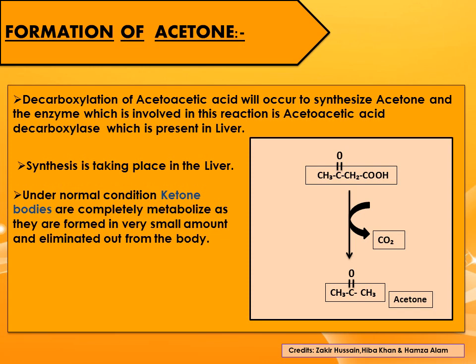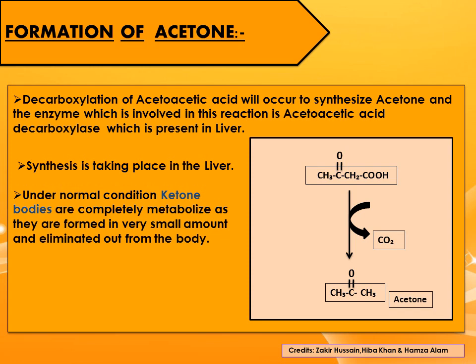Beta hydroxybutyric acid is synthesized, and as I said, this synthesis occurs in the liver, and it depends upon the ratio between NADH2 and NAD, as this is required for the synthesis of beta hydroxybutyric acid. And I said that during starvation the ratio of NADH to NAD is very high.